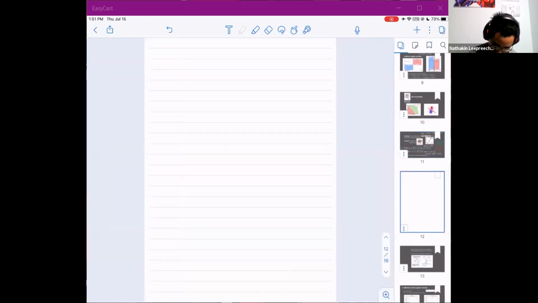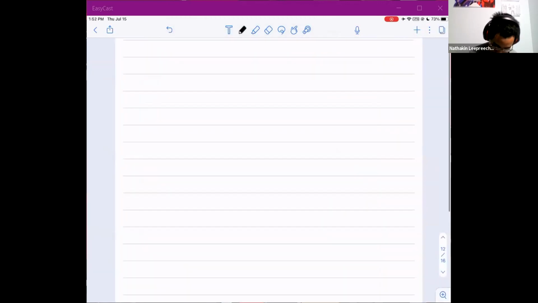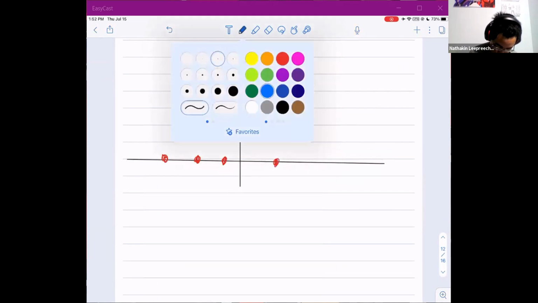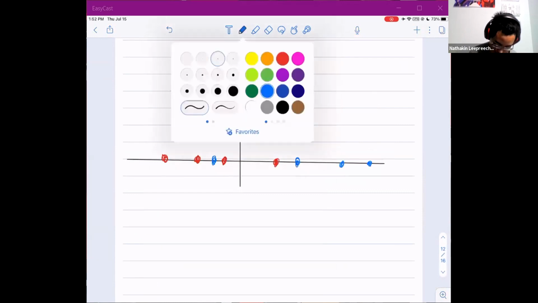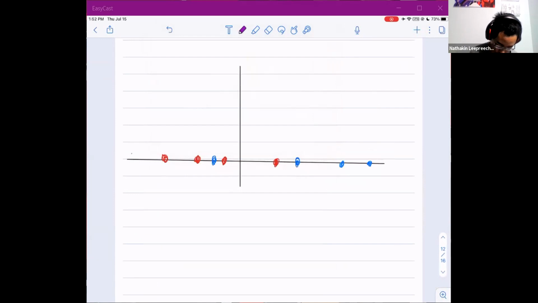So this is what we want, and say if you have this, and here, and we have this here, right? And then we have our line is supposed to look like this.